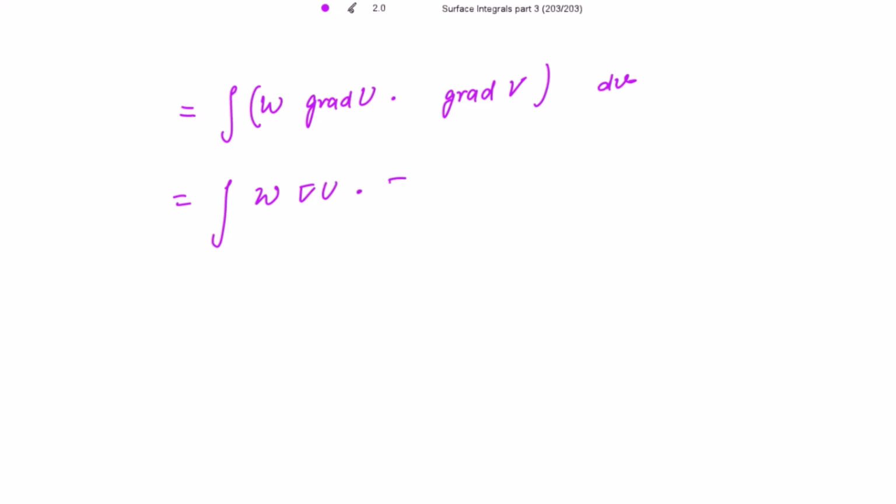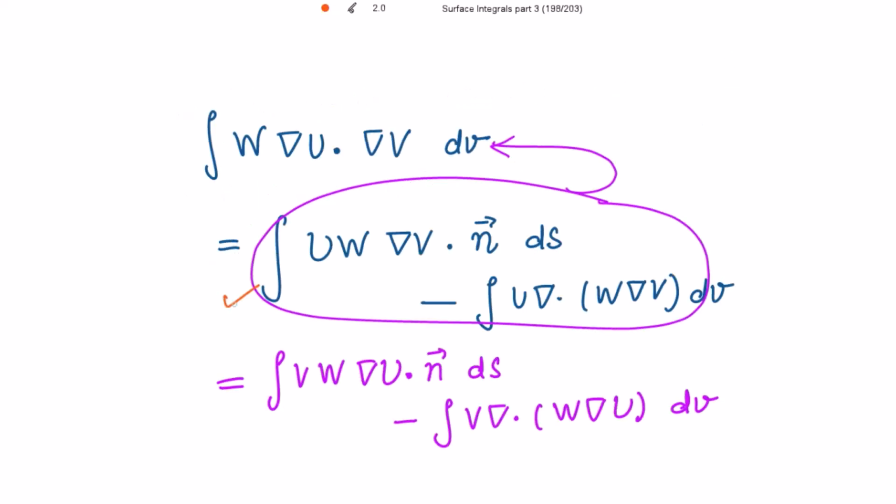So this is equal to the integral of w grad u dot product with grad v dv. Further it can be written as w, writing grad u as ∇u dot product with ∇v. This is what was needed to be proved. We have started from the right hand side and we have reached the left hand side.